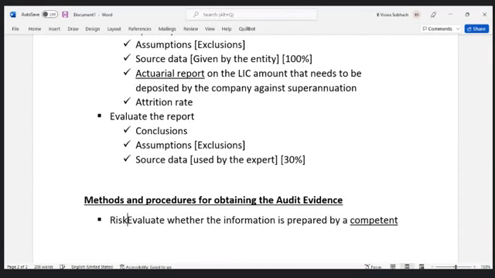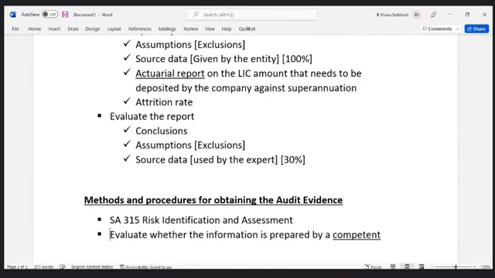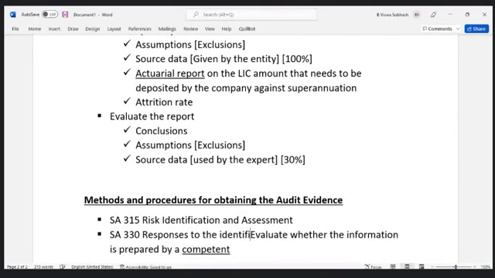First is SA 315 always. What do we do? Risk identification and assessment. So once you have done the risk identification and assessment, naturally you will do SA 330. What is that? Responses to the assessed risks. Not identified, assessed risks.